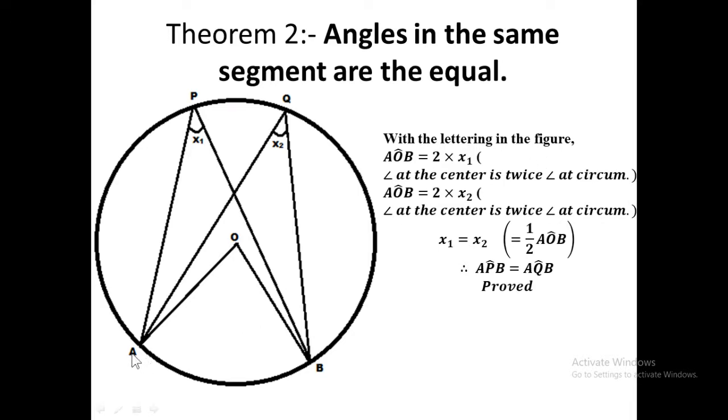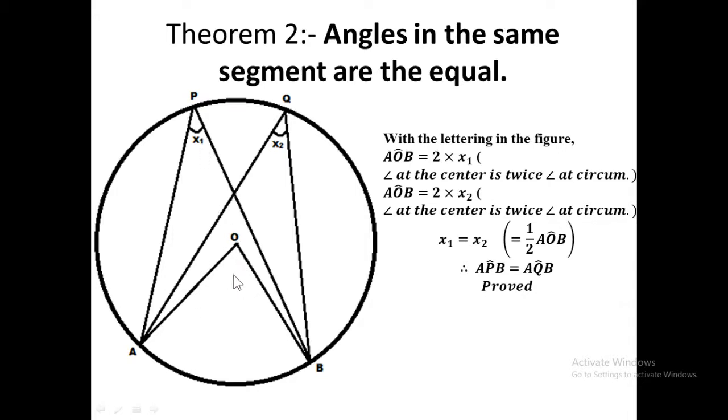It's saying that this angle AOB is twice this angle x1, which is what we proved the last time when we talked about the angle at the center being twice the angle at the circumference. So this angle AOB is twice this angle x1.